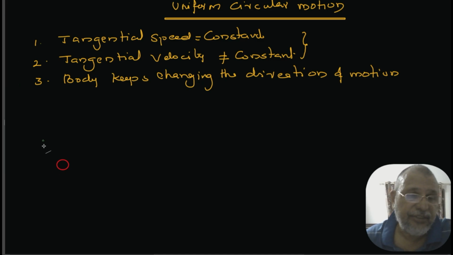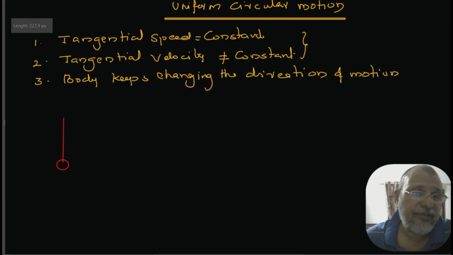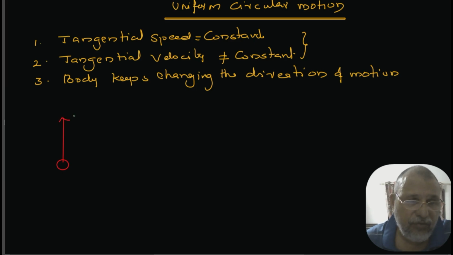Suppose we assume that this body is moving at the beginning in this direction. Let's put an arrow in here to show the direction. Now, you don't want to change the speed of this body, but you want to change the direction of motion.